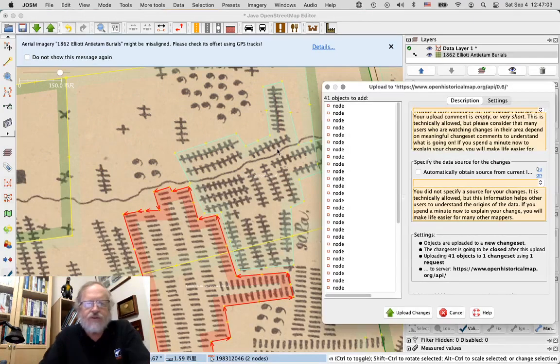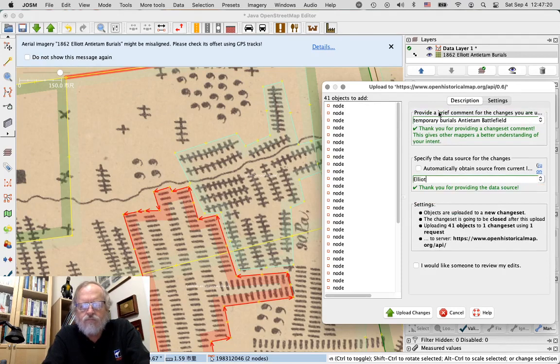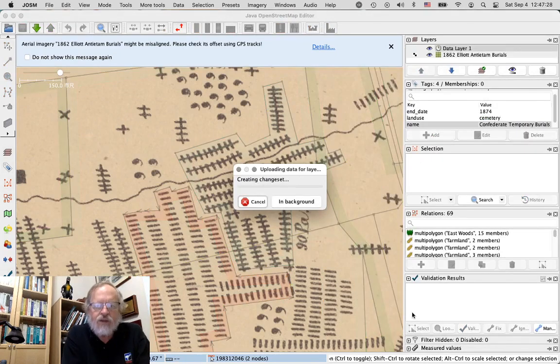And let's put this into OpenHistoricalMap. So temporary burials, Antietam Battlefield from the Elliott Burial Map.